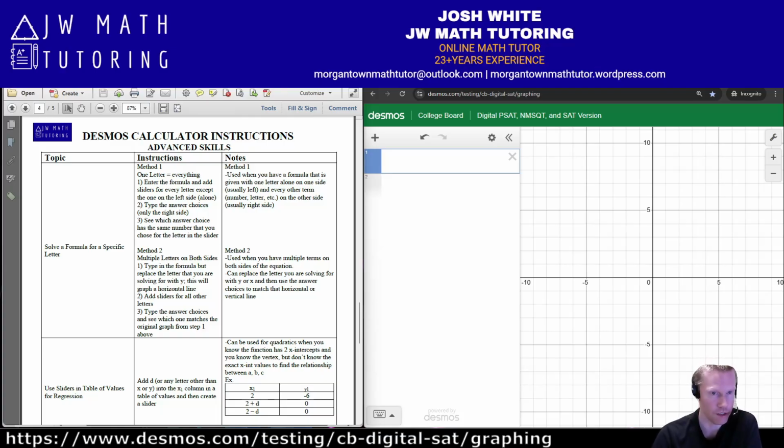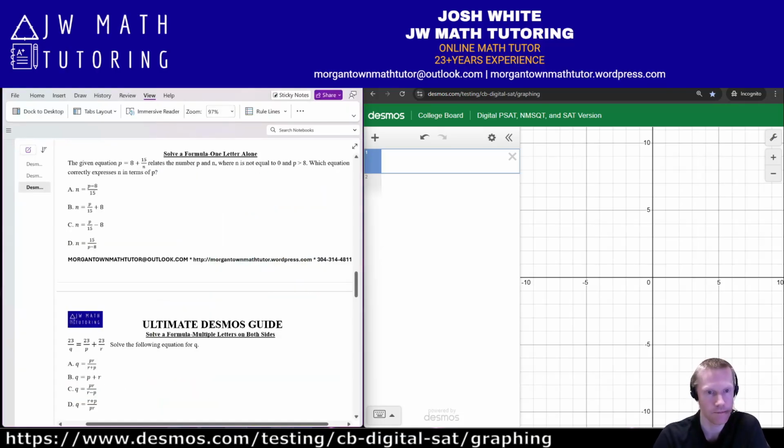Really, you're only going to type the right side of the answer choices. After that, what you're going to be comparing is the value for each answer choice to the number that you chose for the letter that you're solving for in the slider for that letter. This sounds a little confusing, but I'll show you exactly what I mean as I go through an example problem here, and you're going to see it's actually not that bad.